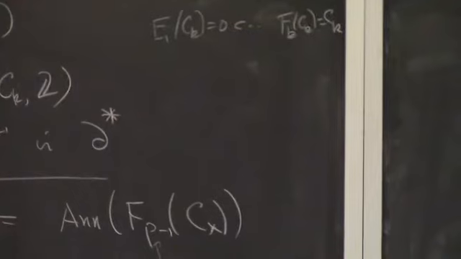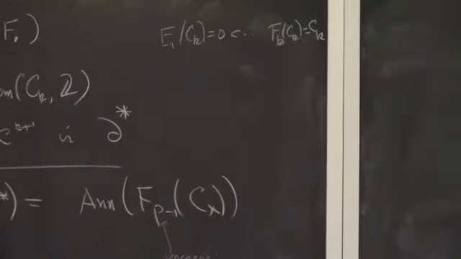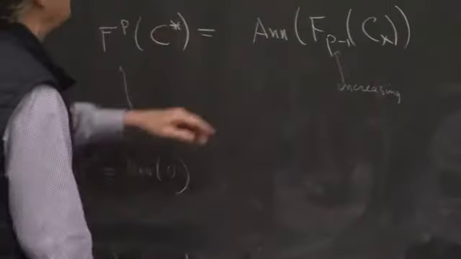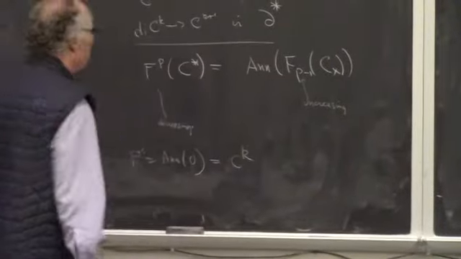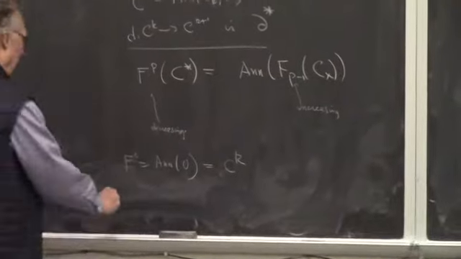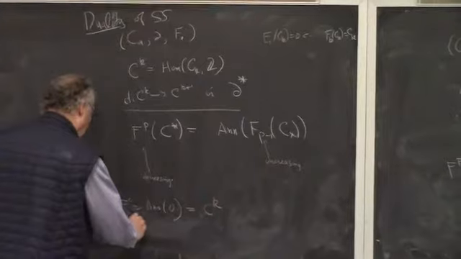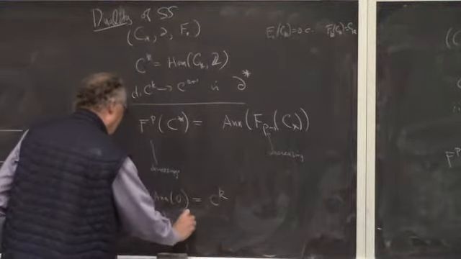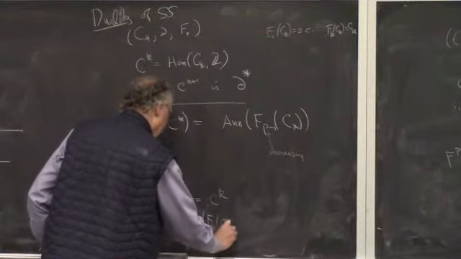Let's just think about what the dual filtration looks like. So F^0 would be the annihilator of 0. Well, everything annihilates 0, so this would be all of C^k. And F^{k+1} of C^k would be the annihilator of F_k of C_k.